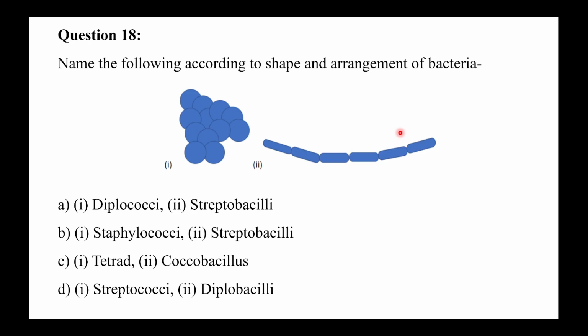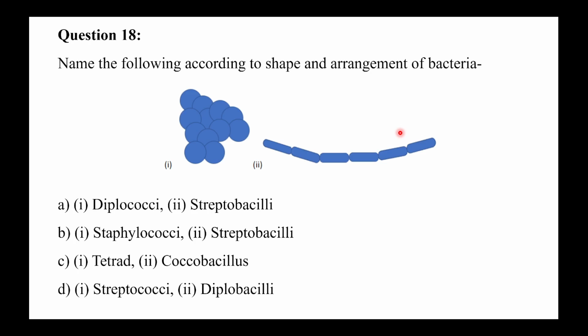Which of the following, according to the shape and arrangement of bacteria, is correct? Name the following according to the shape and arrangement of bacteria. Options are option A, diplococci and streptobacilli. Option B, first is staphylococci, second is streptobacilli.